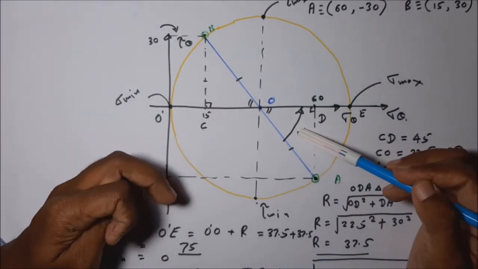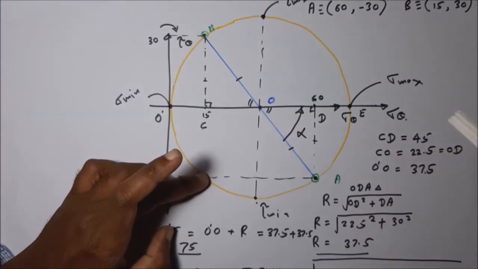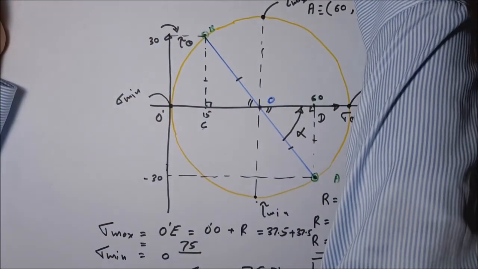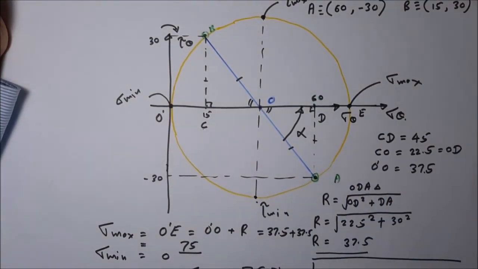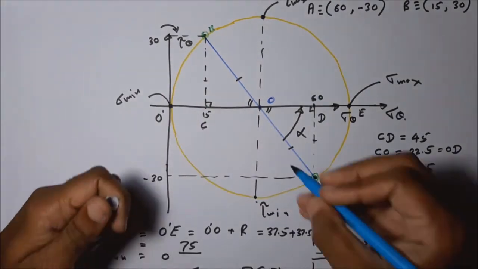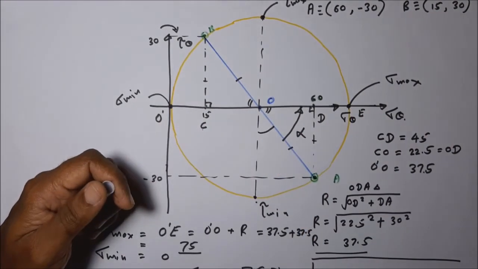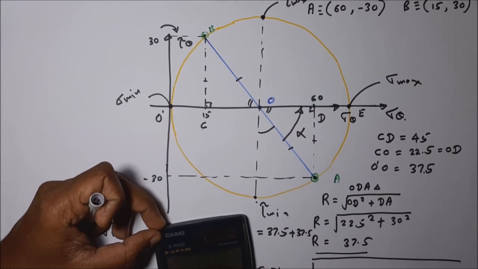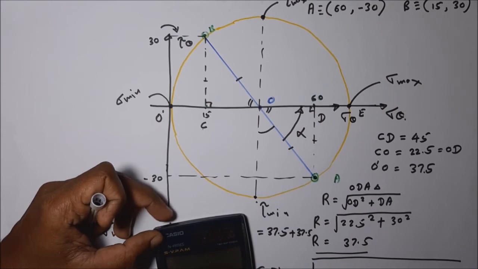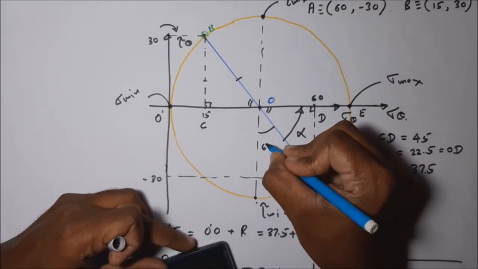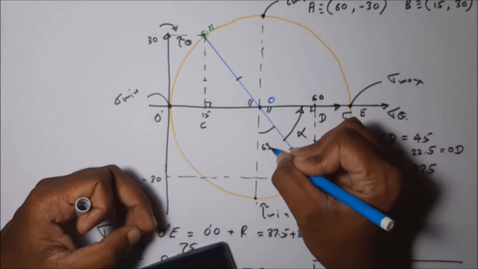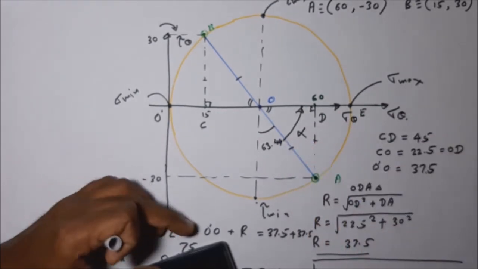Then this is alpha. What is alpha? We got 26.56. Then what is this angle? I am going to first mark this angle: 90 minus 26.56 is 63.44.